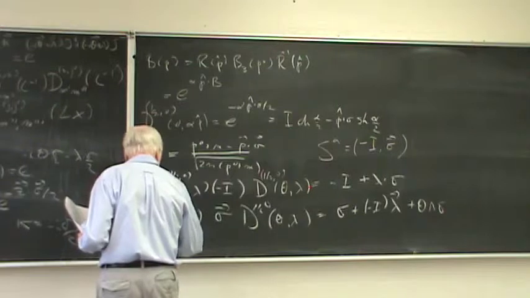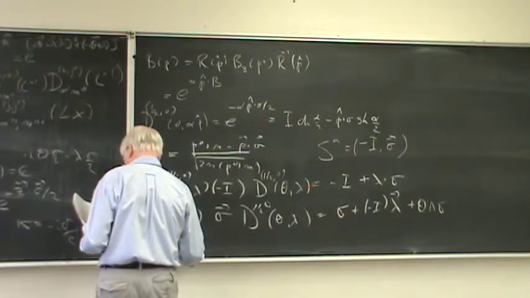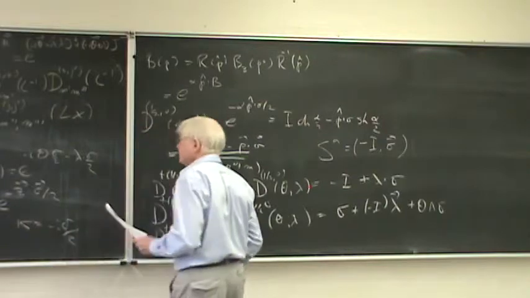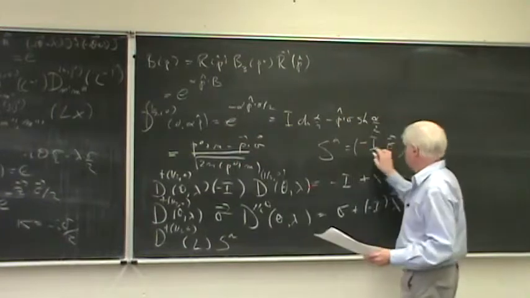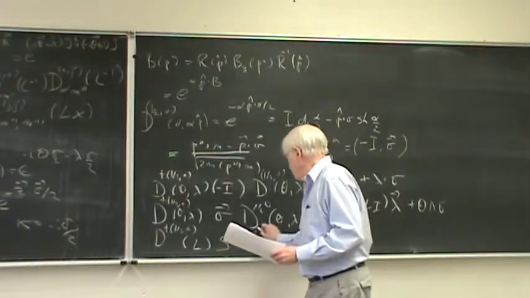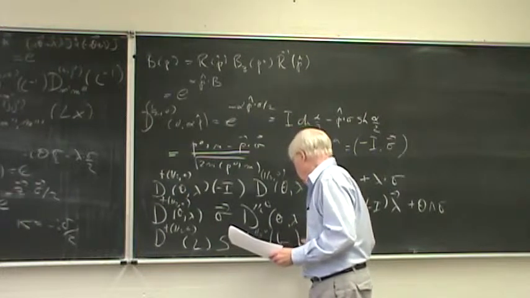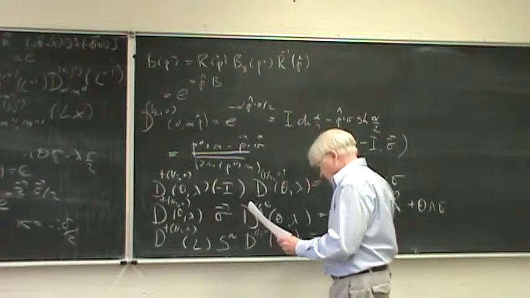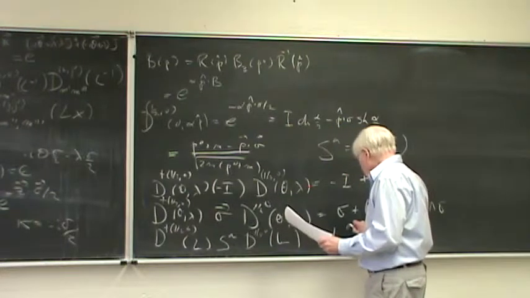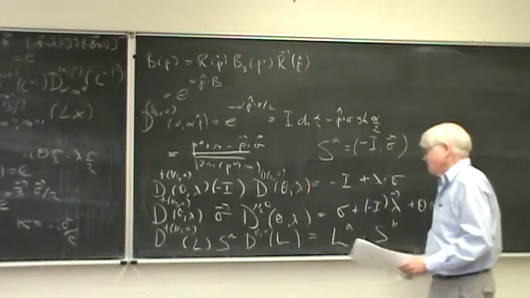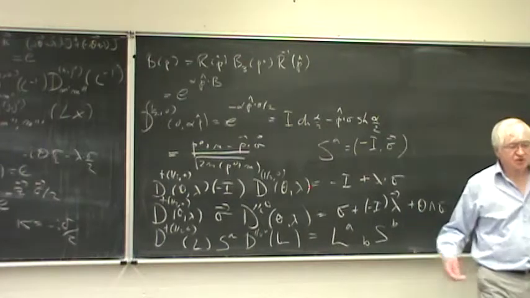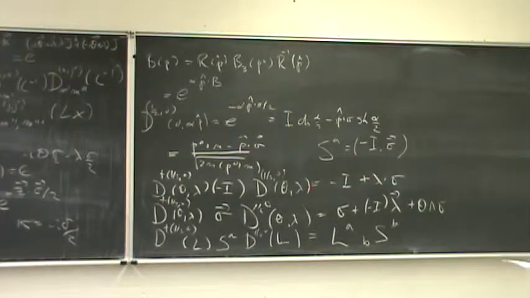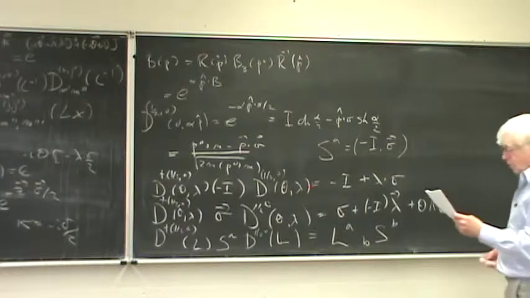Well, it's because then we have D adjoint (1/2, 0) of L, S^A being (1, minus i sigma), D (1/2, 0) of L is then equal to L^A_B S^B. So in other words, this 4-vector under general 2x2 left-handed Lorentz transformation is transformed like a 4-vector. And that's actually important.